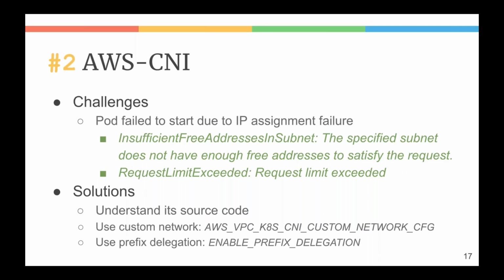So we decided to understand it deeply, so we can handle all kinds of issues, no matter what they are. After that, we made two changes. The first is that we use custom networking instead of the default. Another is that we enable prefix delegation.